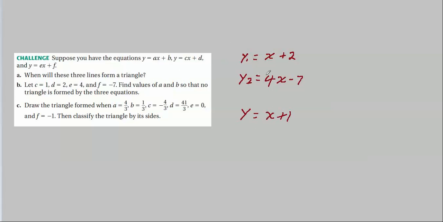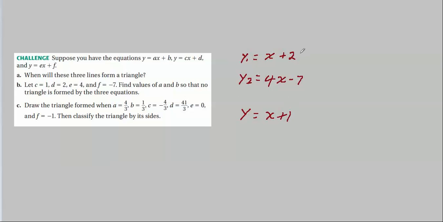That'll be parallel to x plus 2. So we've got a equals 1 and b equals 1. B is extremely arbitrary. If we chose b to be 2, we would have exactly the same line, which definitely would not form a triangle.